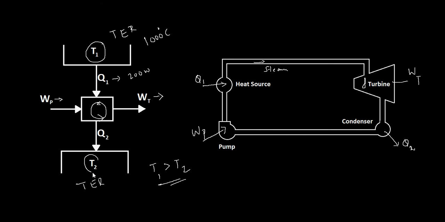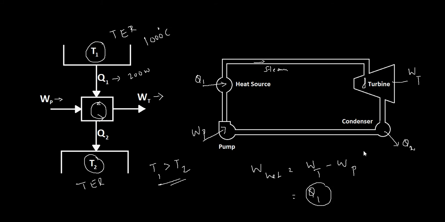So the temperature at the low temperature reservoir is lower than the temperature at the high temperature thermal energy reservoir. Now that is a heat engine, and the heat engine is most commonly used to produce a continuous amount of work. And we mentioned in the previous video that the net work in a heat engine cycle will be the turbine work minus the pump work, and the heat input is Q1 into the system.